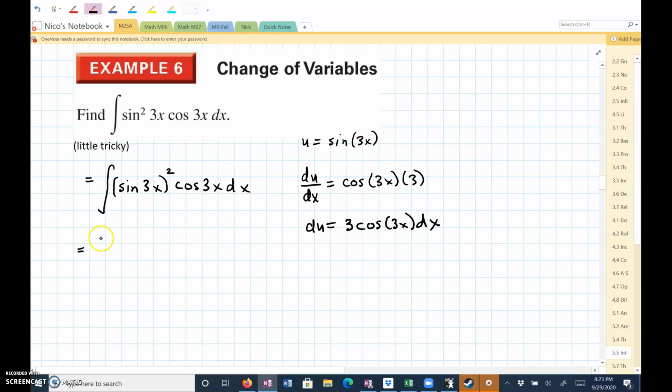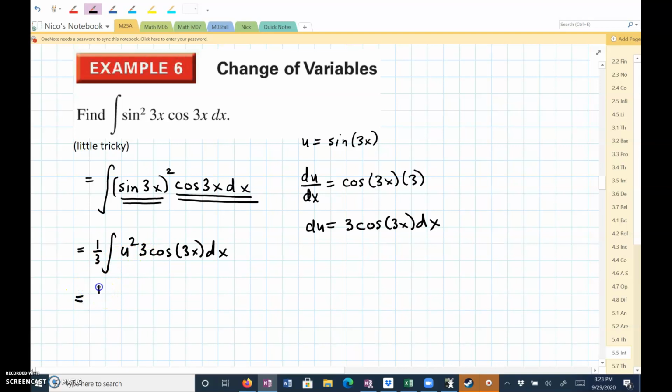So notice, let's make sine 3x u, so this will be u squared. And then cosine 3x dx, let's make this 3 cosine 3x dx, and since I put this 3 here, I have to multiply by 1/3 out in front.